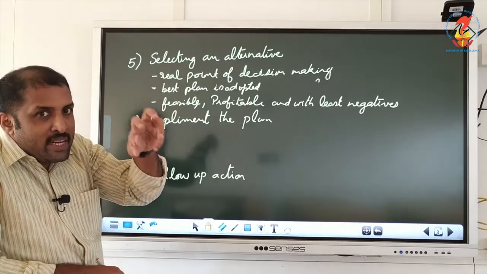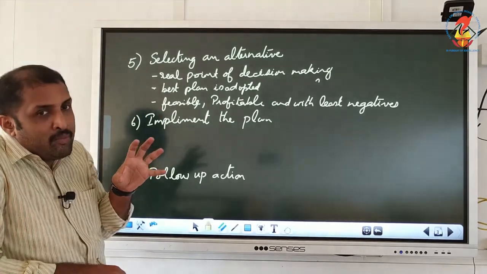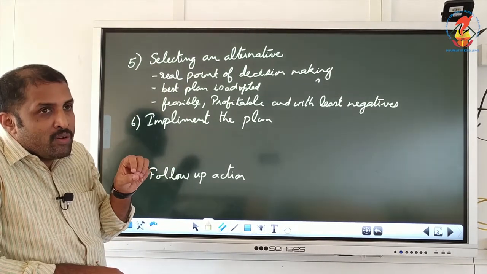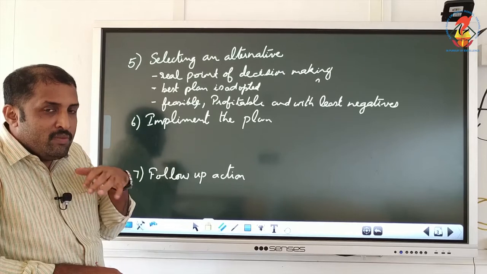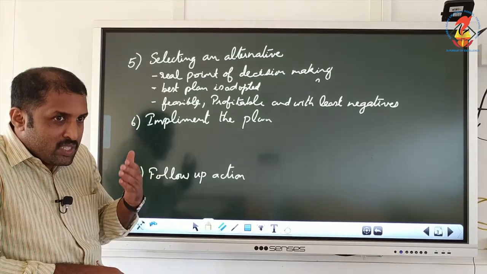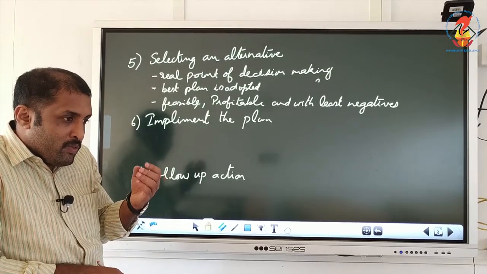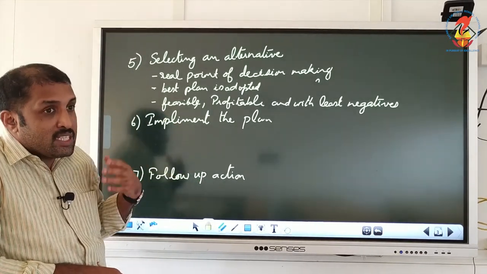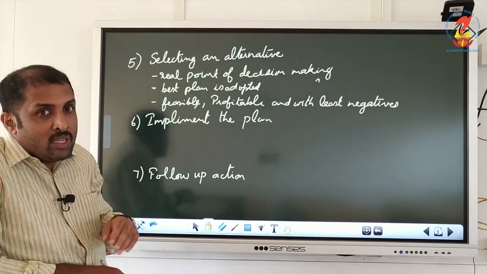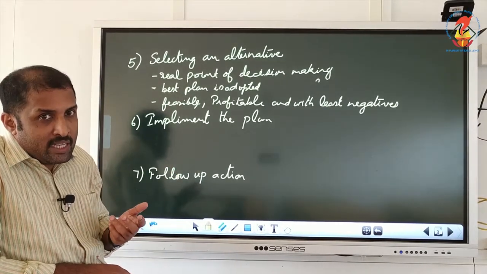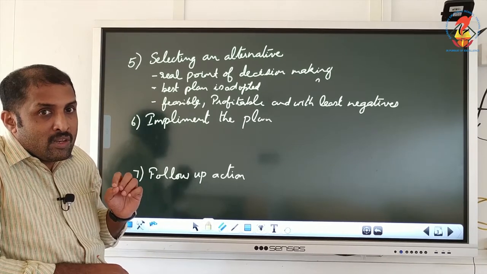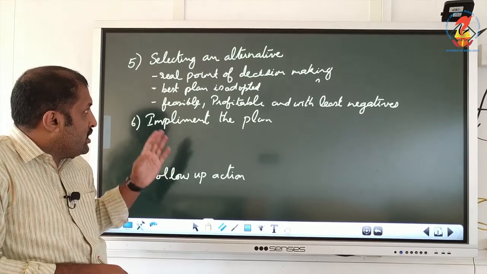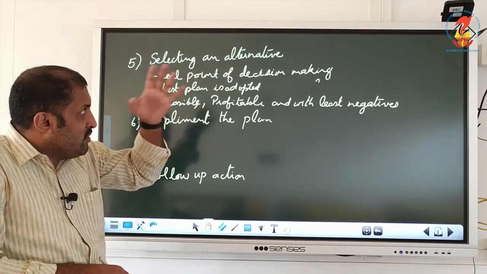The best plan means the feasible one, which is affordable, which is the best fitting one, and which helps us earn profit, and of course with the least number of negatives. The consequences are not creating too many negatives. That is adopted: feasible, profitable, and with the least negatives.